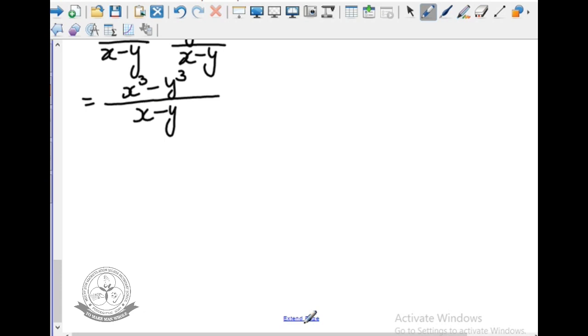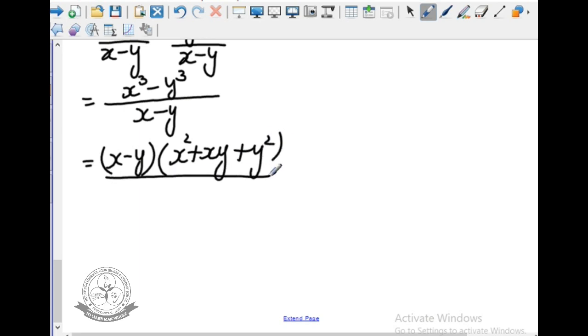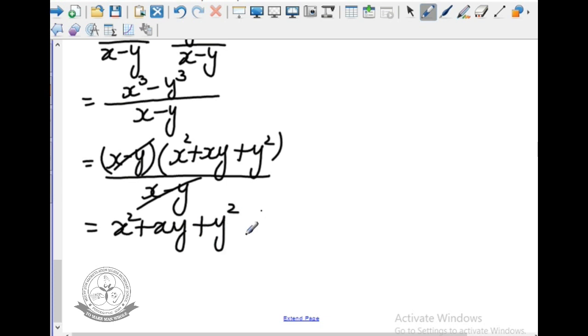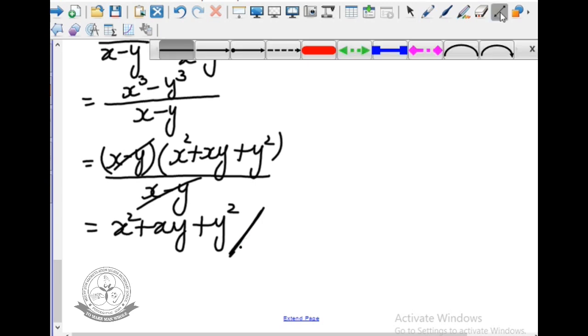We know the formula for a cube minus b cube, that is x minus y into x squared plus xy plus y squared, whole divided by x minus y. X minus y gets cancelled, the remaining term will be x squared plus xy plus y squared. This is our answer. Apply the formula.